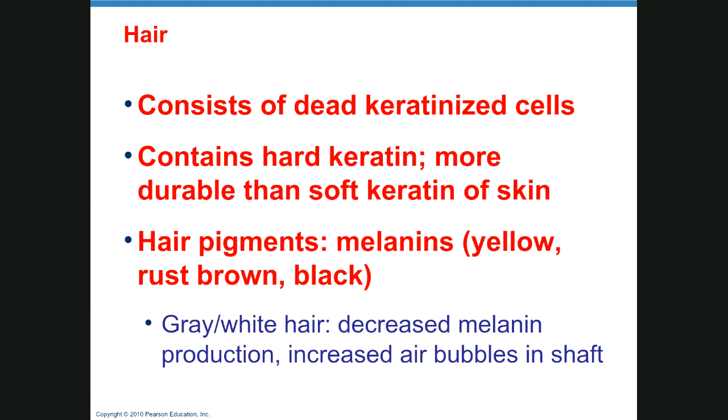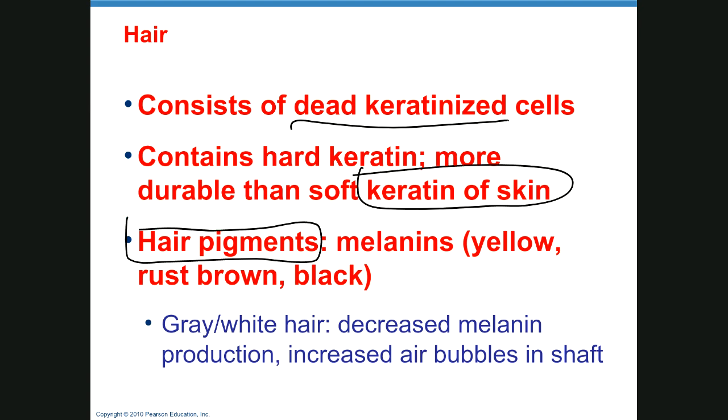Hair is made of dead keratinized cells. So this is epithelial tissue, and then there will be some supporting connective tissue underneath. The keratin found in hair is slightly different. It's more durable than the soft keratin in the skin.